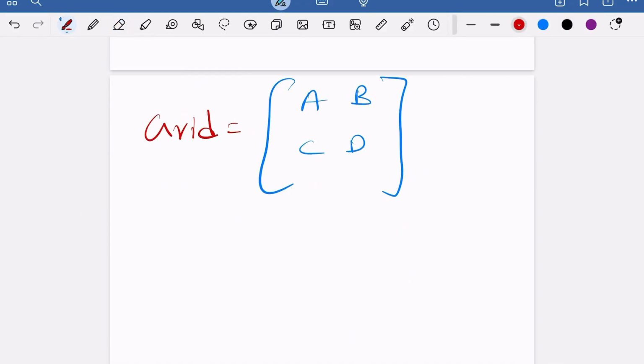To solve this question, first we'll have to understand when the game ends. Let's say the current player has chosen to remove a stone from A. So the next player will have three choices. He can remove from either A, B, or C. If all the cells A, B and C are 0, then the next player has no other options to remove a stone, so the game ends there.